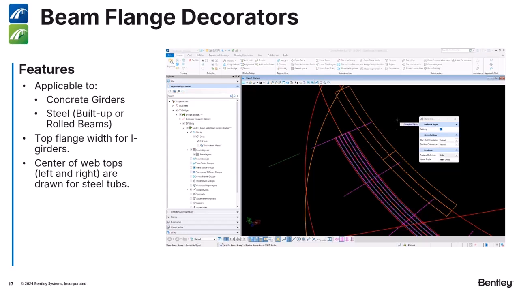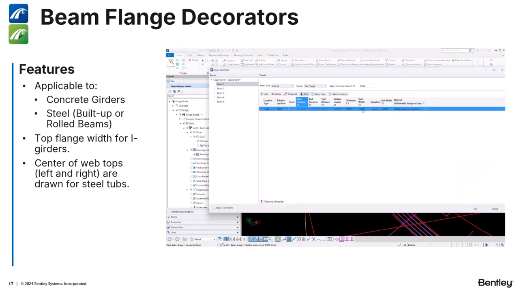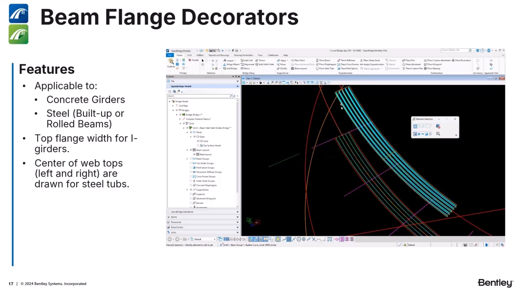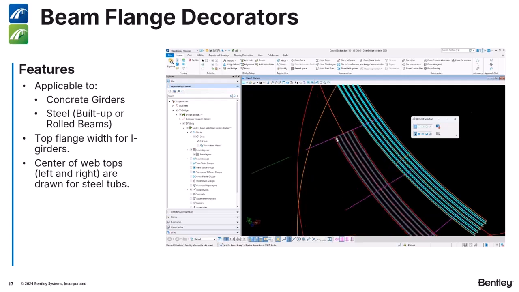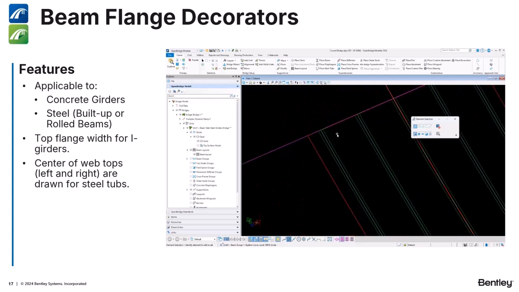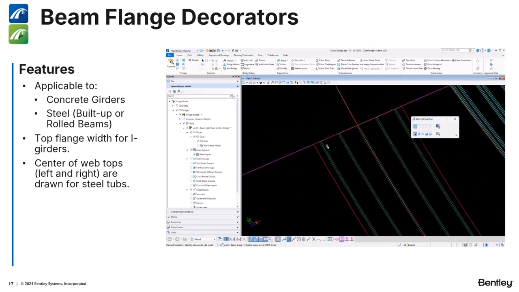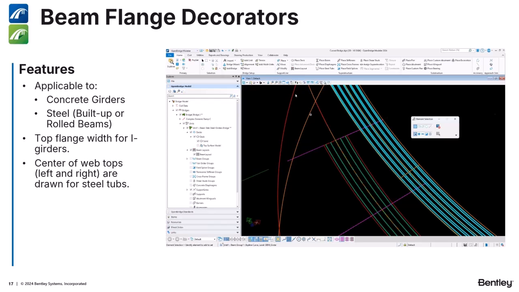right, like I'm doing here, steel beam, like for example, when I just create some widths here. So not only we get the center line as we place the beam, but as a decorator, we are going to have the width of the flange. And of course, if the flange varies, we're going to see that variation in the 2D view as well.